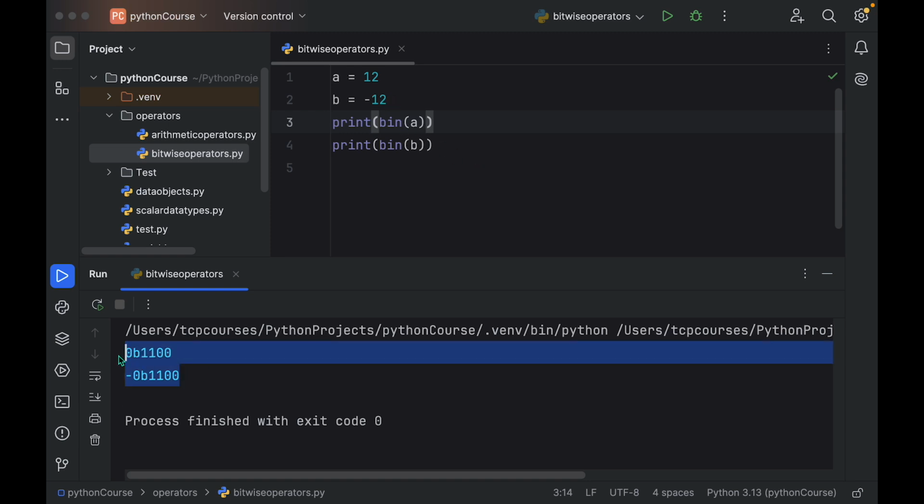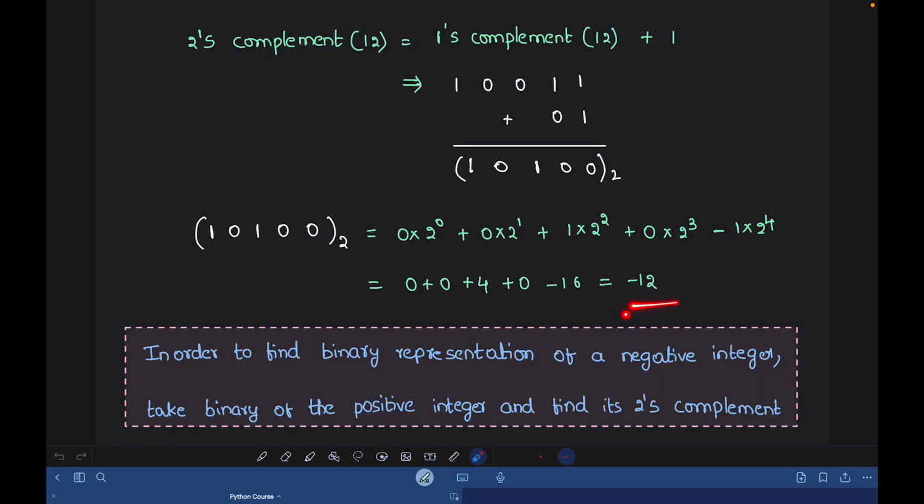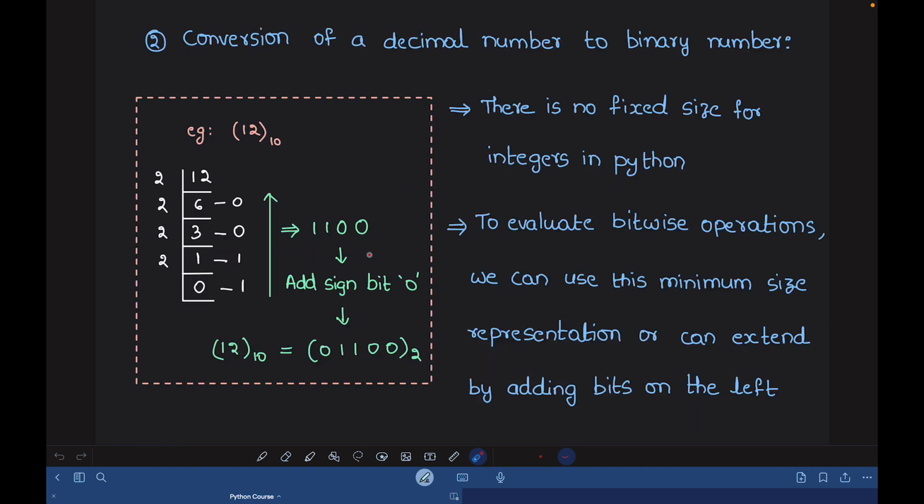But this is not exactly the 2's complement binary representation. We have seen for 12, the 2's complement representation is 01100, and for minus 12, it is 10100. But generally speaking, we are not used to 2's complement representation. In general, we are used to this kind of representation without sign bit, 1100.